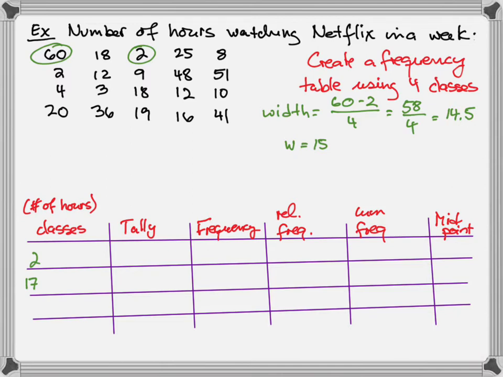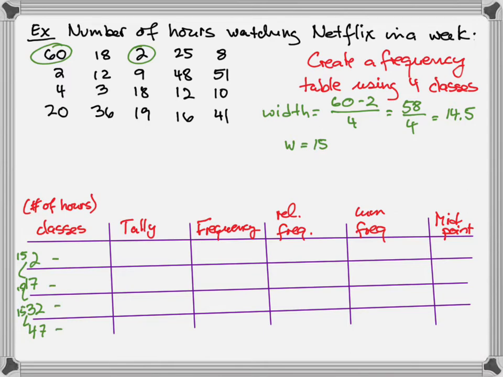That is the next lower limit of the third class, 32, plus 15, and we get 47 as our last lower limit. So I have 4 classes here, and we keep on adding 15, 15, 15 to find the lower limits.